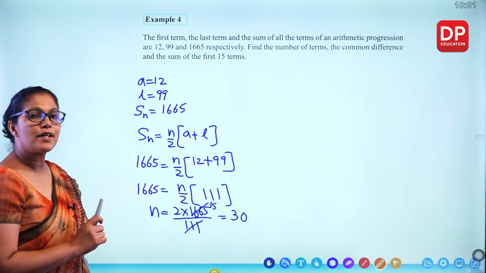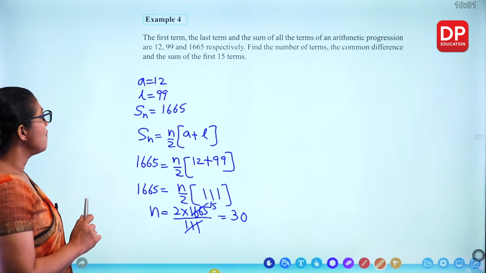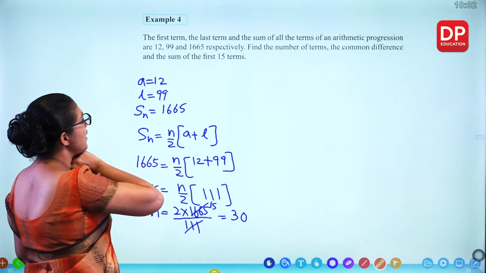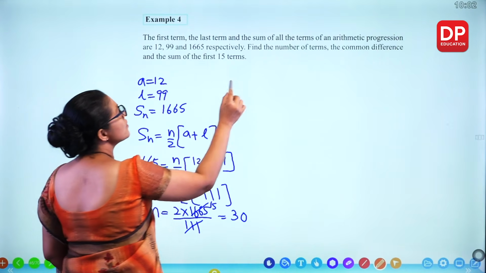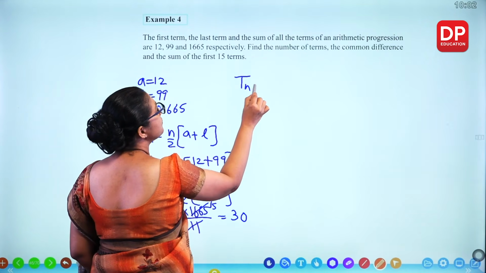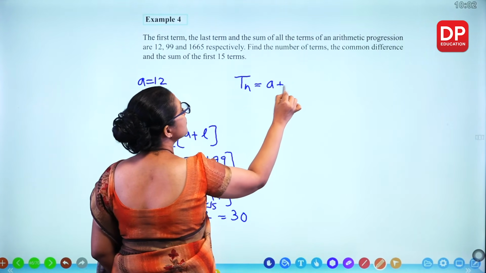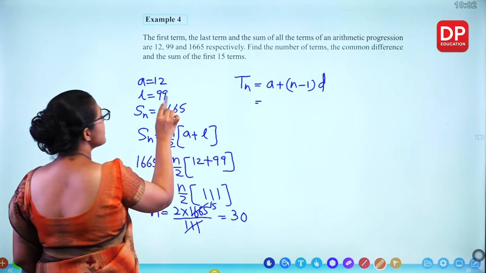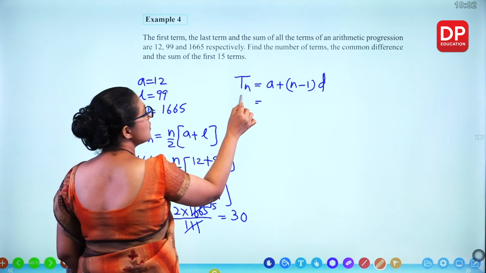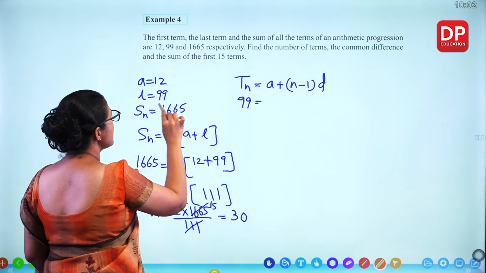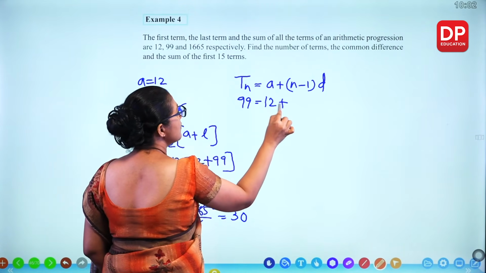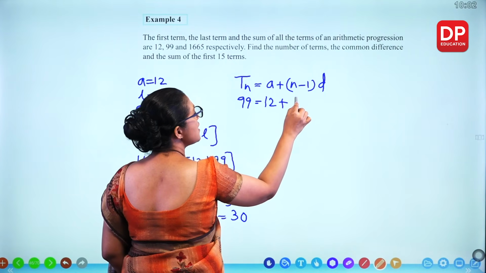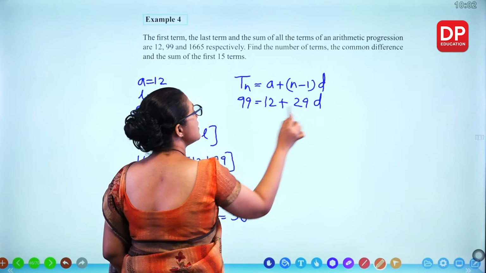So how can we find out the common difference? We can use the nth term formula. We know the last term is 99, and the first term is 12, and we know that there are 30 terms, so 30 minus 1, 29d.